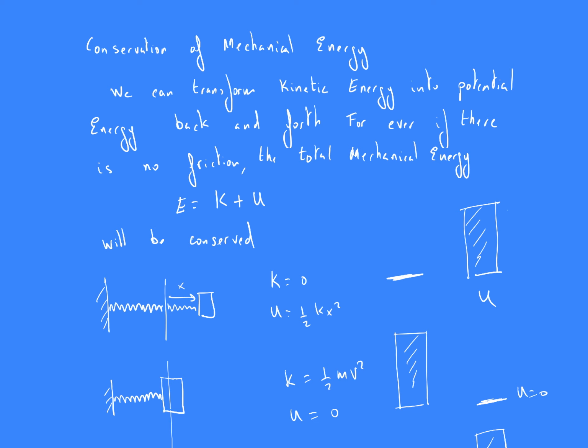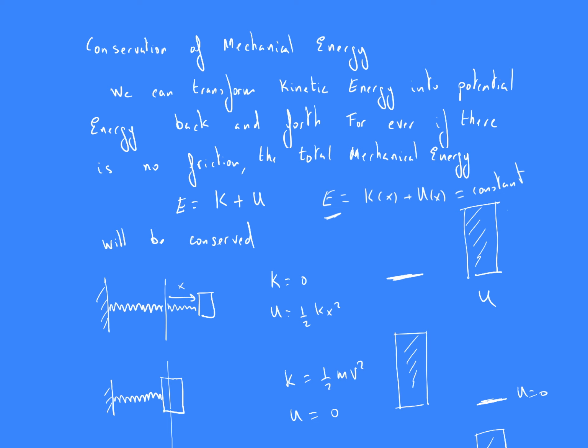So K depends on the position, and U depends on the position. But the sum will be constant if it's a conservative force. So this amount, E, the mechanical energy, will be conserved.